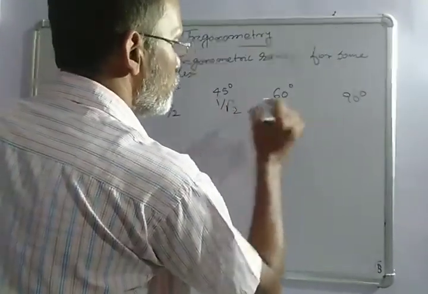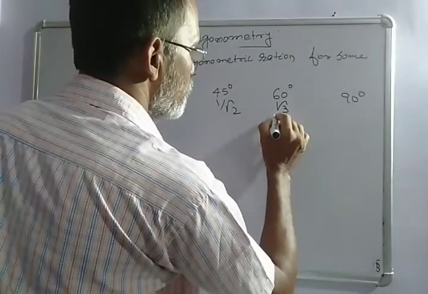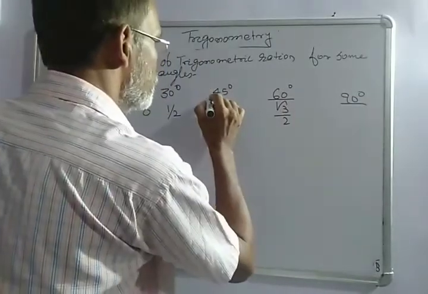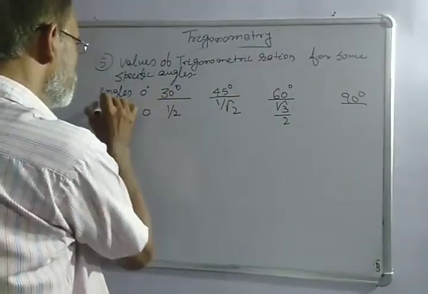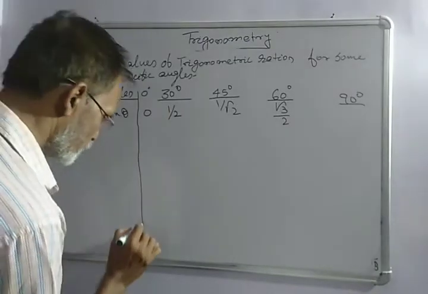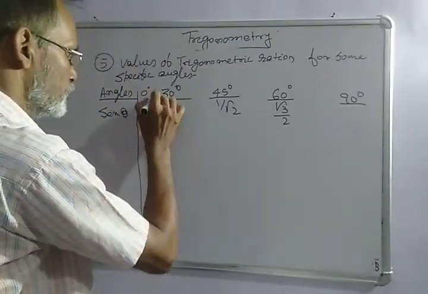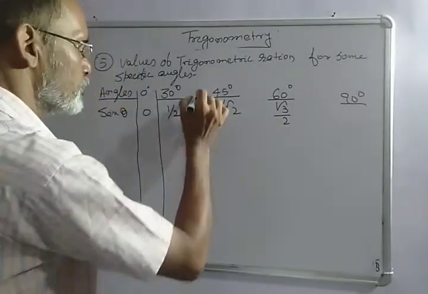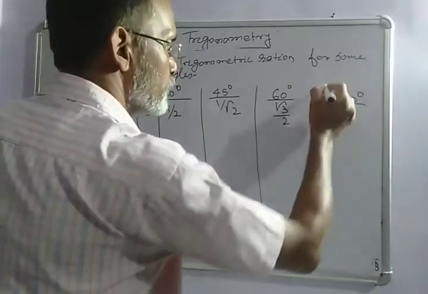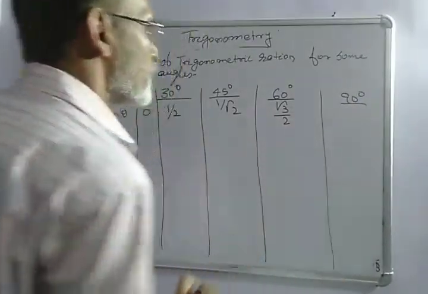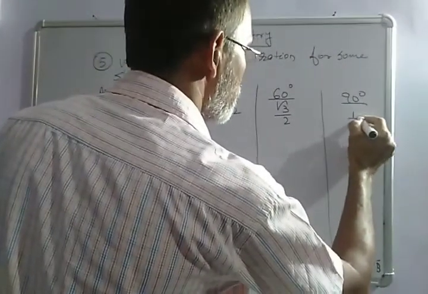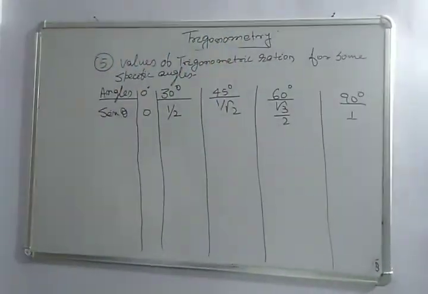Sin 60 is equal to root 3 by 2. Sin 90 is equal to 1.